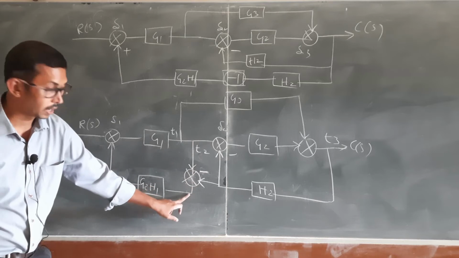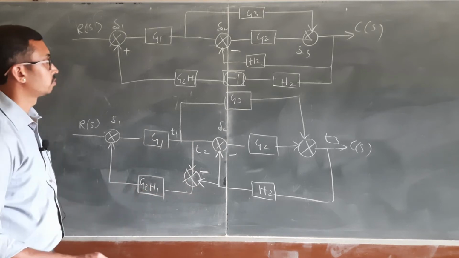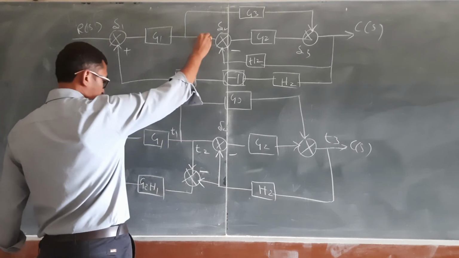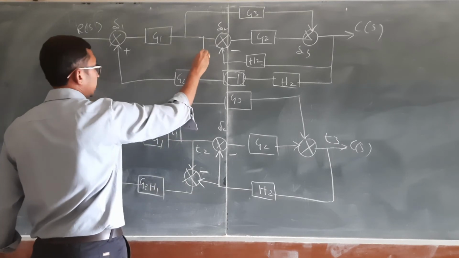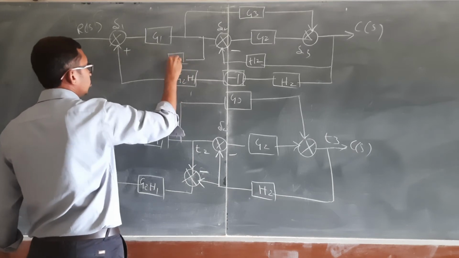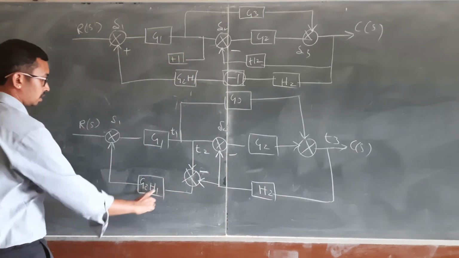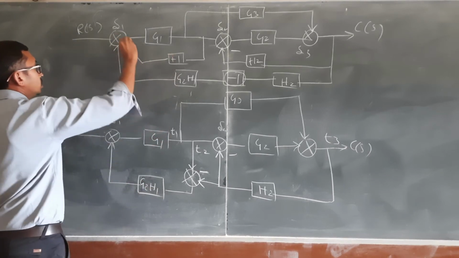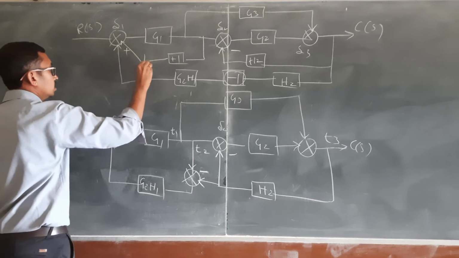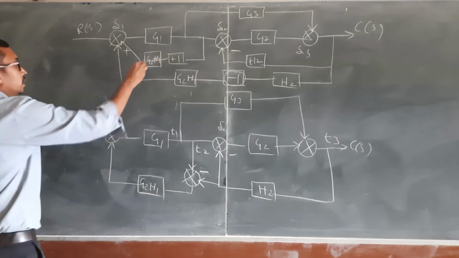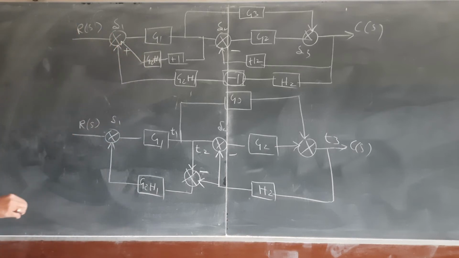It is just directly passing through this. So therefore it will be only plus 1. The summing point will be plus 1, and we are going to come across G2 H1, and directly going to this feedback.